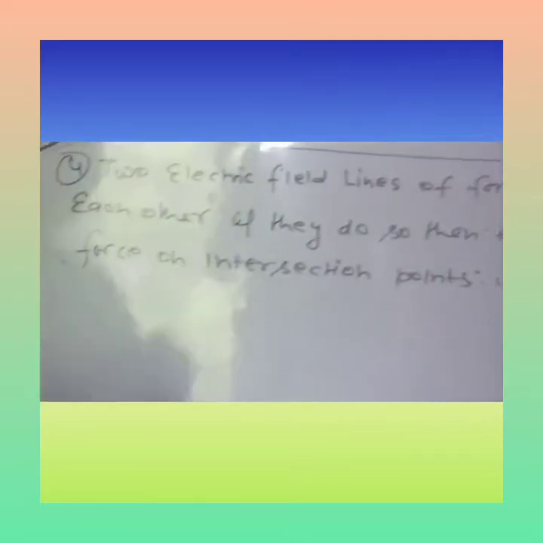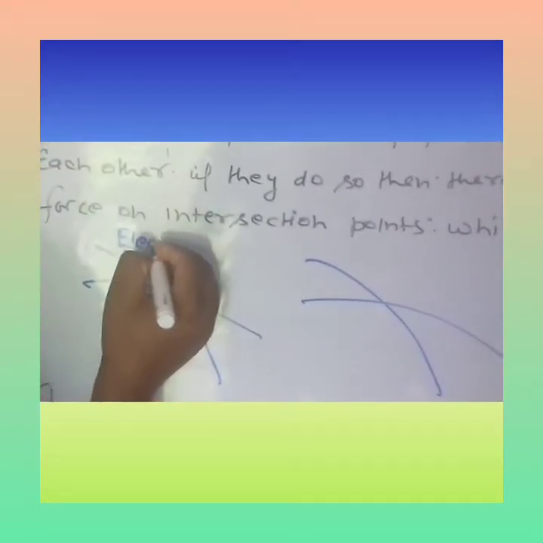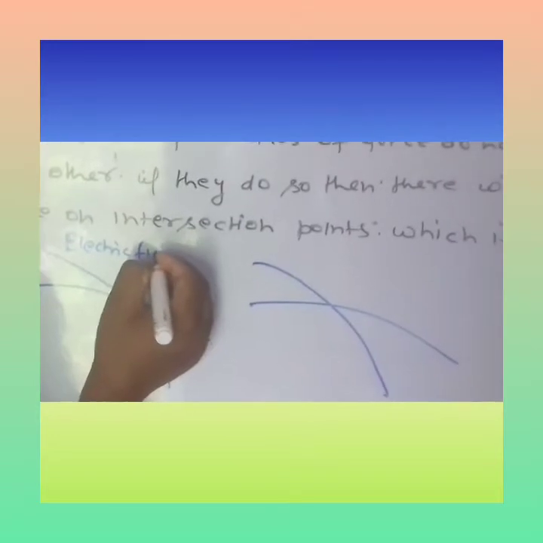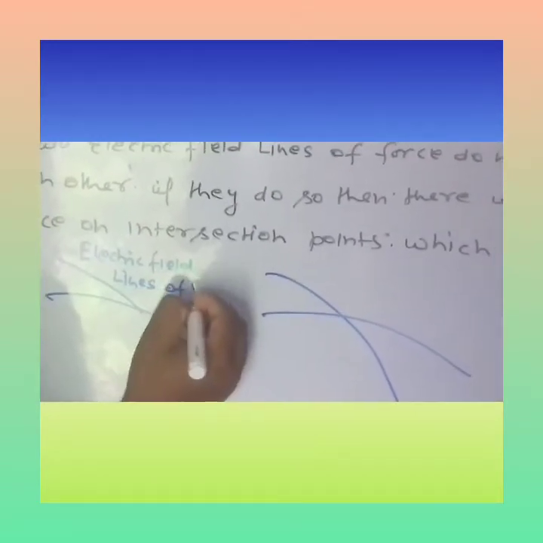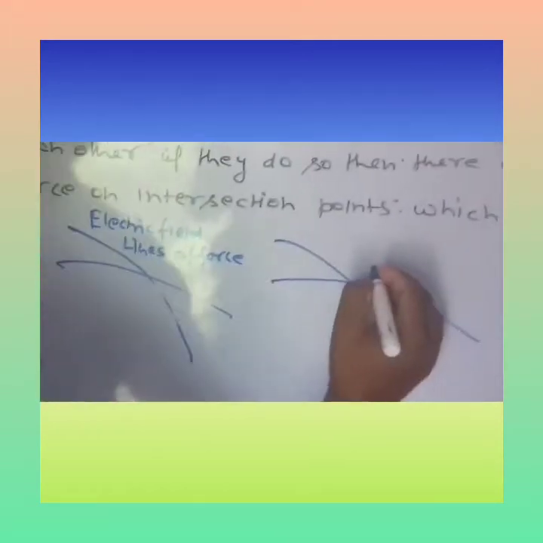Yes my dear students, look here, I want to clear this topic. Two electric field lines or two magnetic field lines of force. Suppose these are the electric field lines of force. It will never happen.